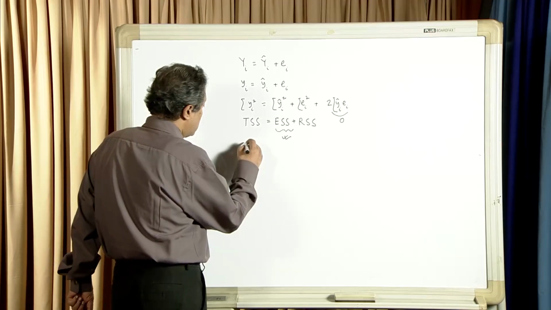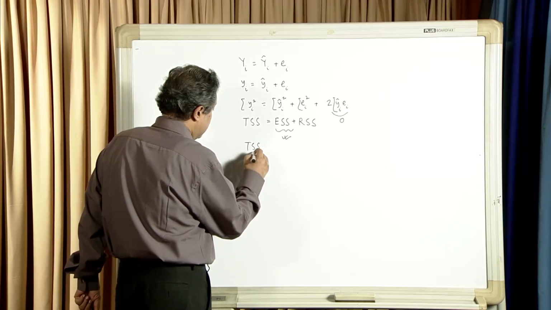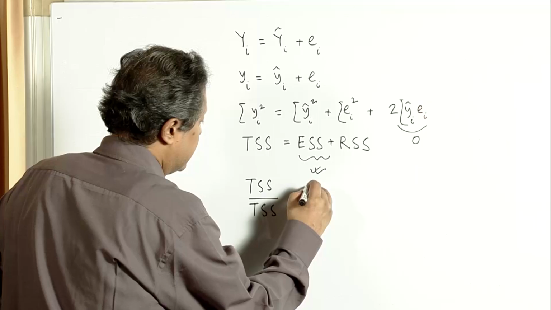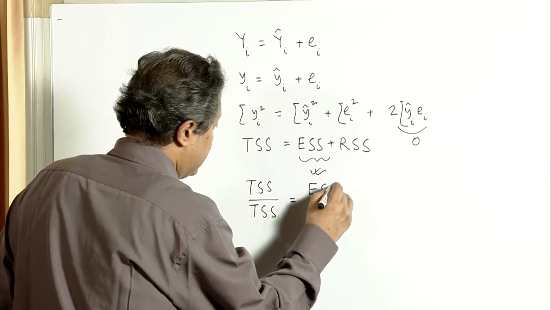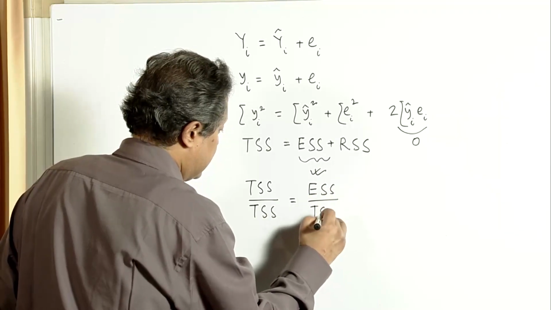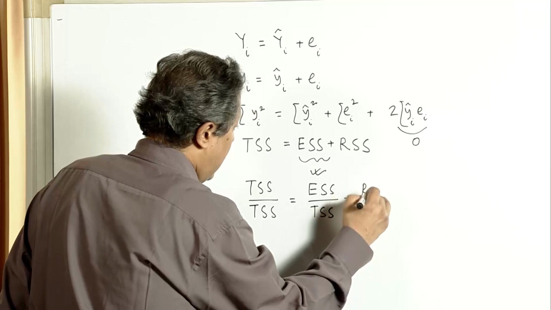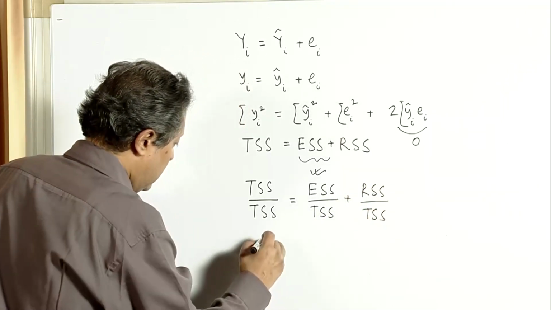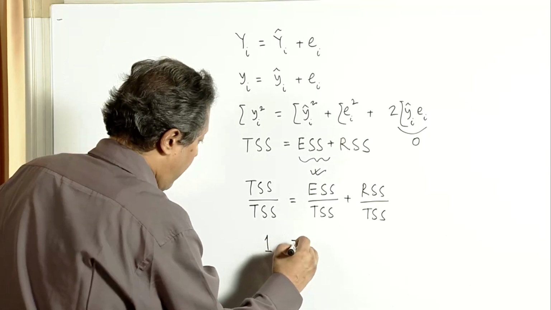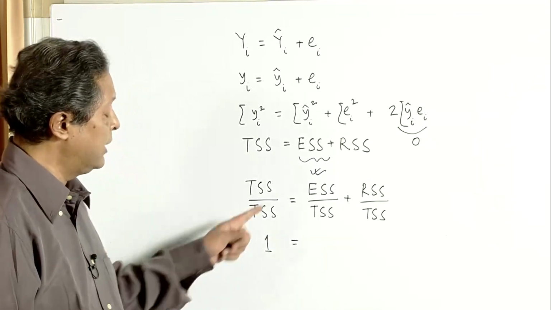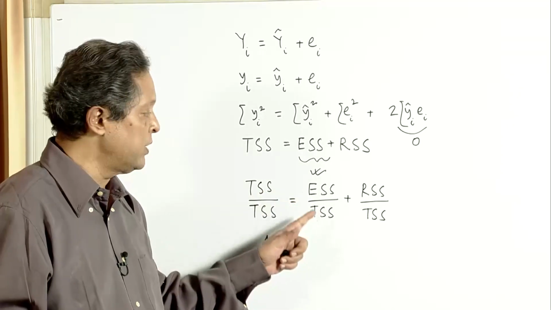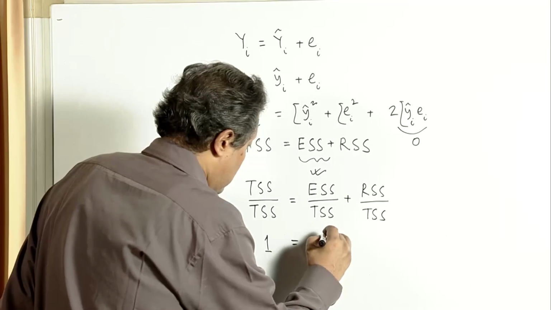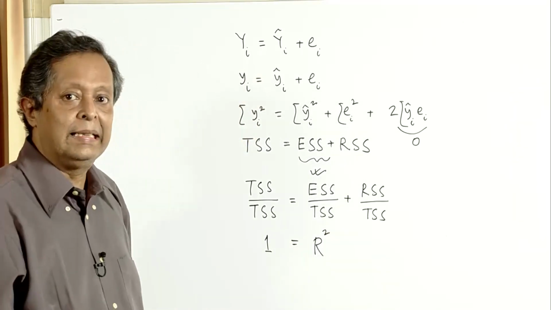If we divide throughout by total sum of squares, we write this as TSS by TSS is equal to ESS by TSS plus RSS by TSS, or on the left hand side we get 1, and the ratio of explained sum of squares to total sum of squares is known as the coefficient of determination.